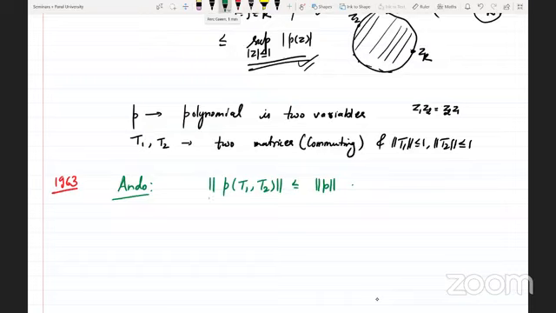This much, P(T1, T2), will be clear, because if you are starting with T1, T2, two K by K matrices, and once you plug T1, T2 into the polynomial P, finally you will get only a single K by K matrix. For example, if you plug it into Z1 plus Z2, it will be T1 plus T2. So finally it is a single matrix. And if you plug it into Z1 square plus Z2, it is T1 square plus T2, a single matrix. So this quantity we already know how to define.